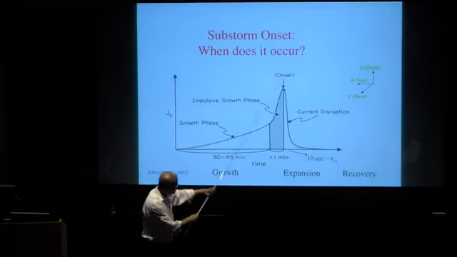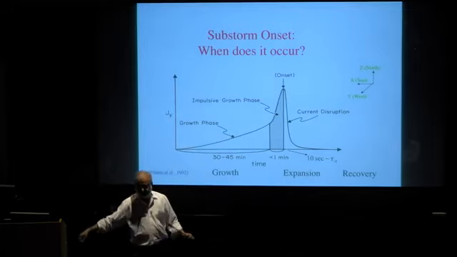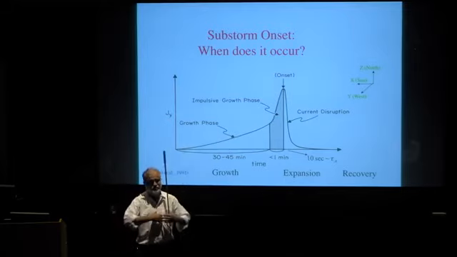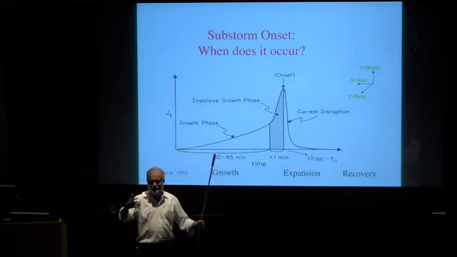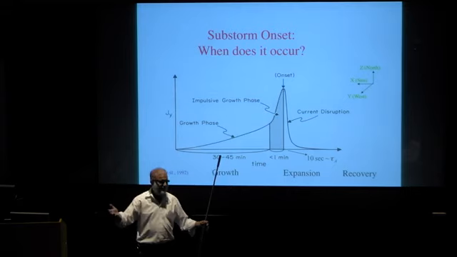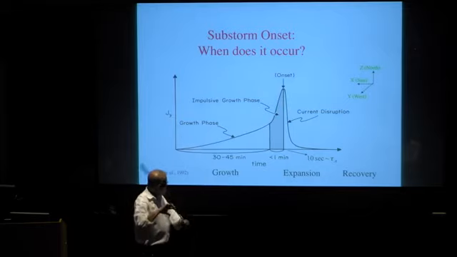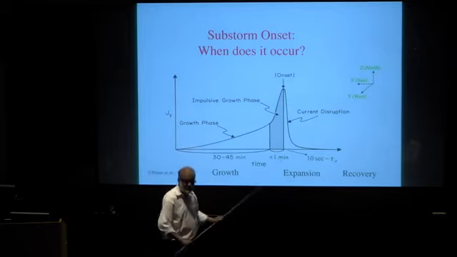And then a relaxation where the current disrupts completely, the plasma just sheds it in violent upheaval, relaxes to a dipolar state, which is nearly the vacuum field. And it's called dipolarization for substorm phenomena. And this time scale is about 10 seconds.